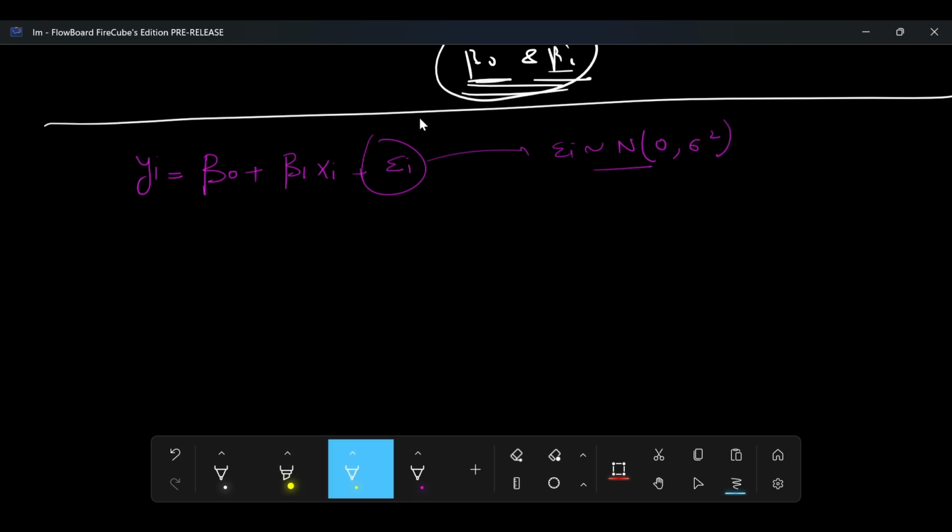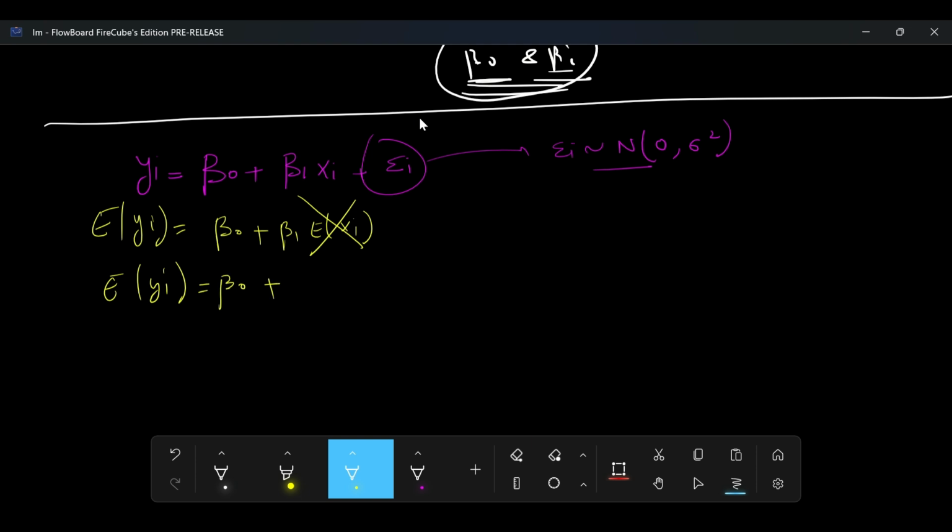Clear. अब expectation of yi क्या होगा, simply this is beta naught plus beta 1 expectation of xi. क्या ये correct है? So this is also equal to beta naught plus xi beta 1, क्योंकि ये non random है ना, constant का expectation वो constant ही होता है.